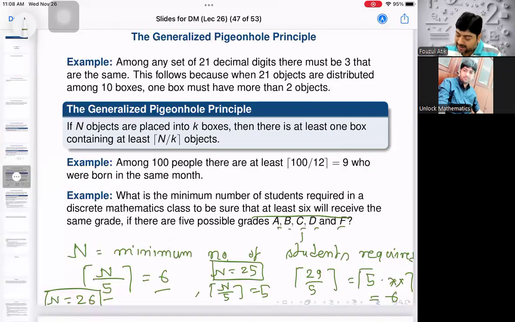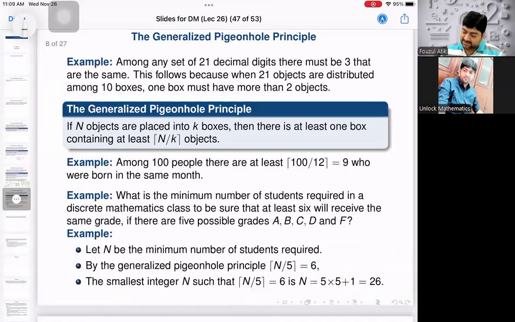So the minimum number n is equal to 5 into 5, plus 1 should be the answer. So the minimum number of required students is 26 here. I hope it is clear. Yes, this is how we have discussed. So n equal to 5 into 5 plus 1 equal to 26.